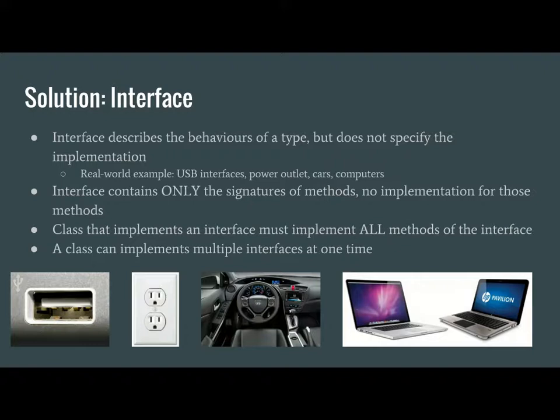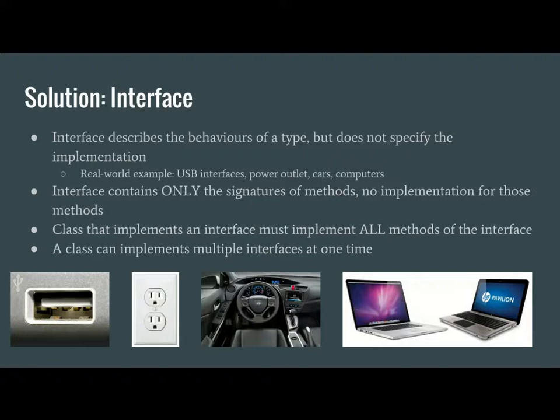So that's the idea of interface, is that we can use an interface to inherit a lot of characteristics at a time. An interface in the program only contains the signature of a function or method and no implementations at all.